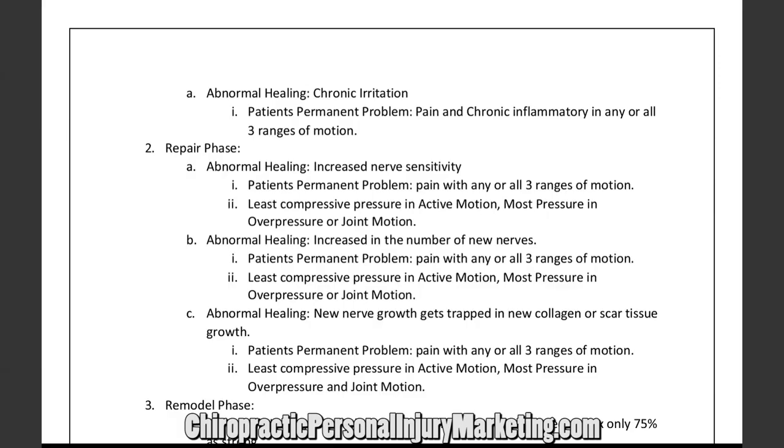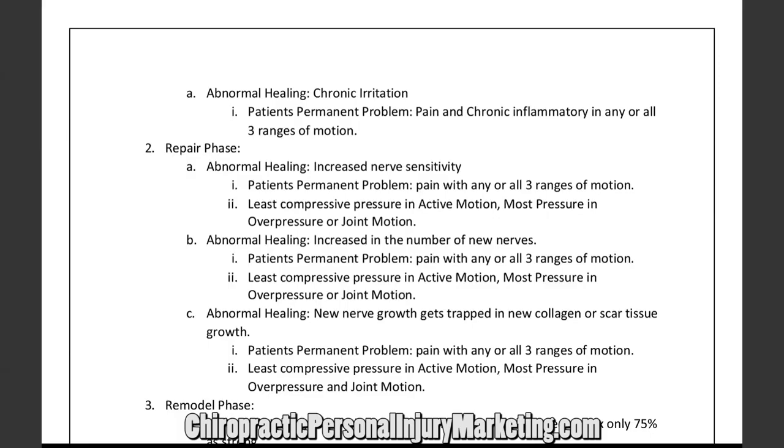That's what I just talked about. The least compressive is actually a neutral motion. And then the compressive tensile forces start increasing as the patient moves in a particular range of motion, with most of the compressive tensile forces occurring in overpressure or joint motion.